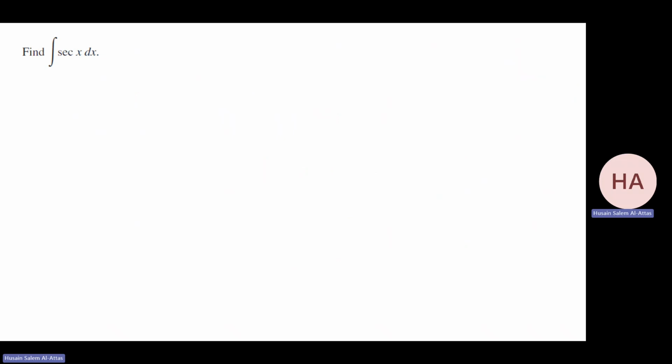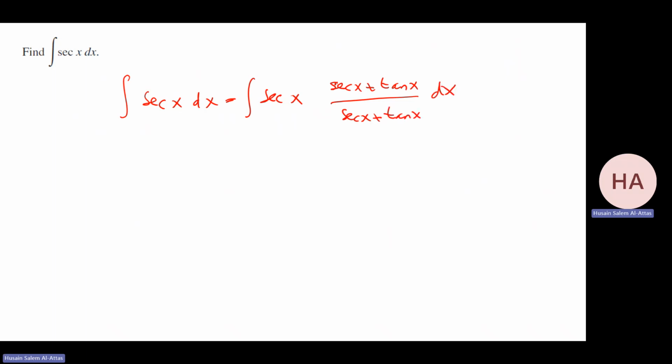Secant is a little bit tricky. To find the integral of secant, you need to multiply by secant x plus tan x over secant x plus tan x. I'm trying it once. I'm not changing anything. But this will help a lot because it will be secant squared plus secant tan over secant x plus tan x dx.